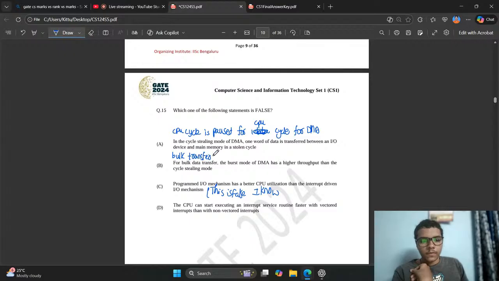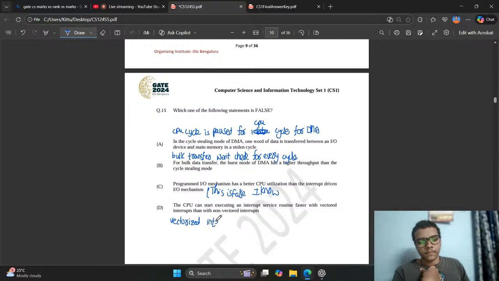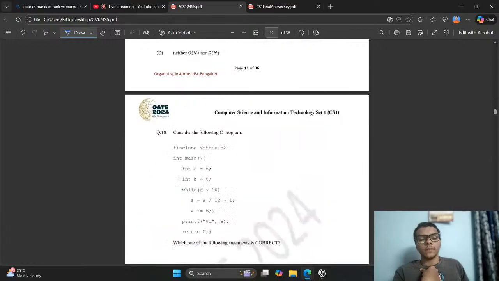Bulk transfer won't check for every cycle. Vectored interrupt gives the direct address of the ISR. So which one? Since one is given, we were able to solve that one.